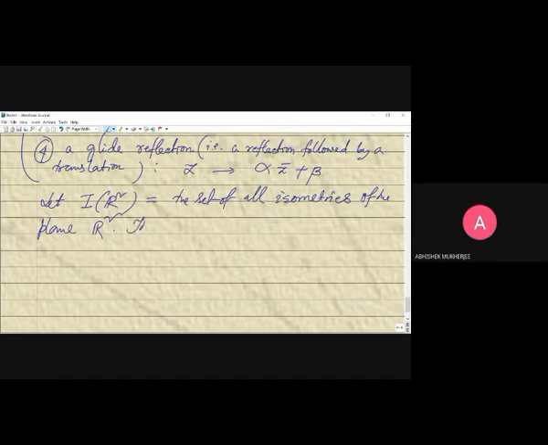Then we see that the identity map belongs to I(R2). It is an isometry, right?